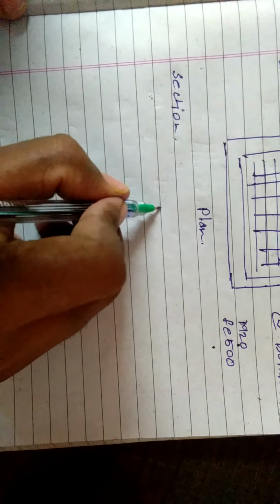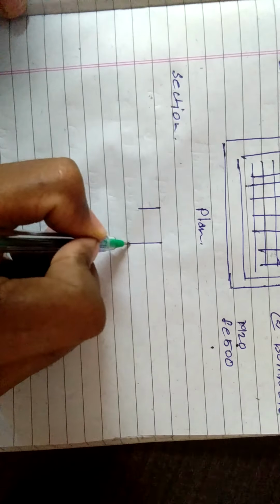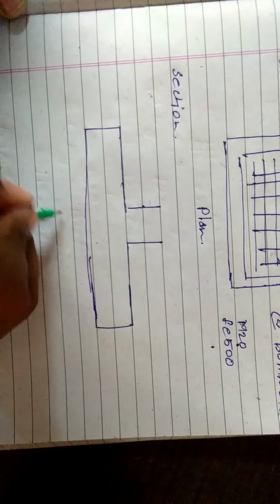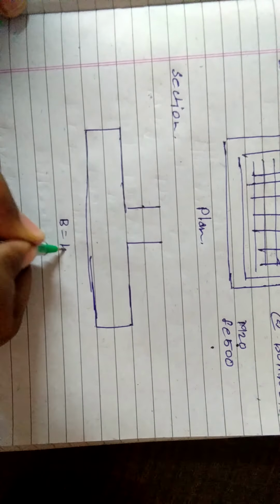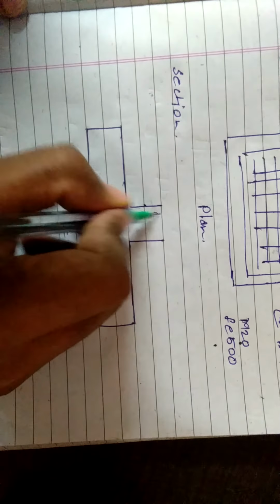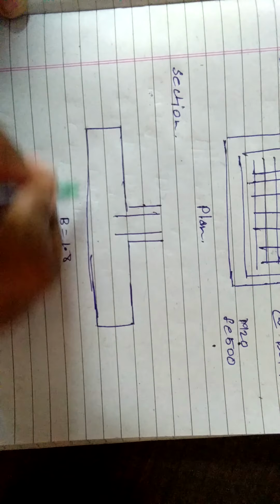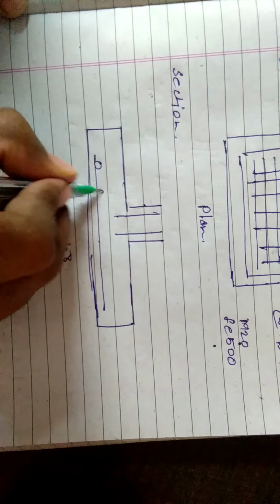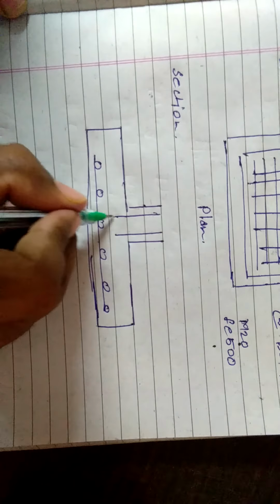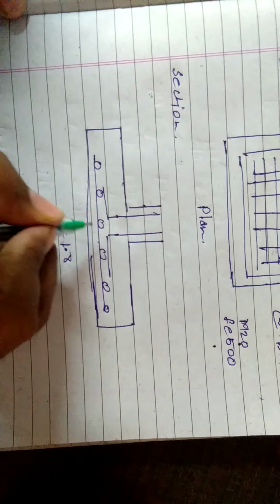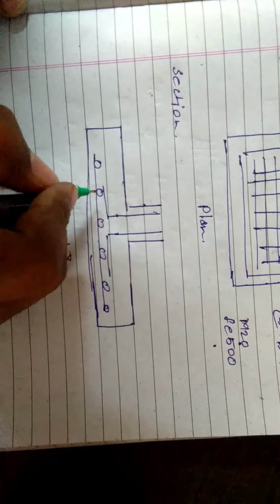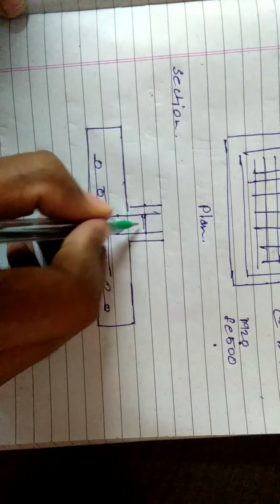Now for the section, just take a reference of the column and draw like this. B is equal to 1.8, right? So the reinforcement detailing. Up to here it is all correct.